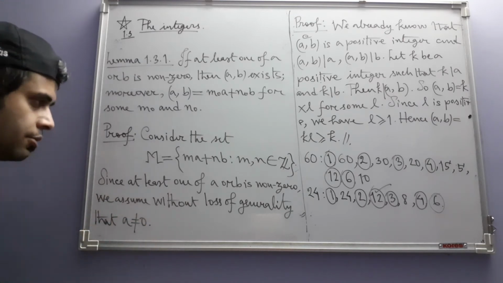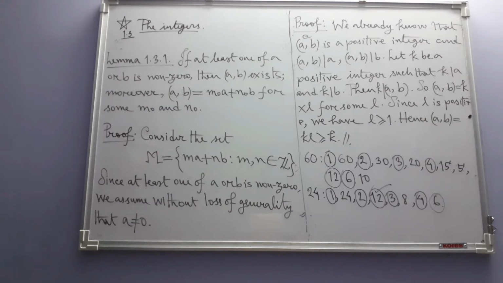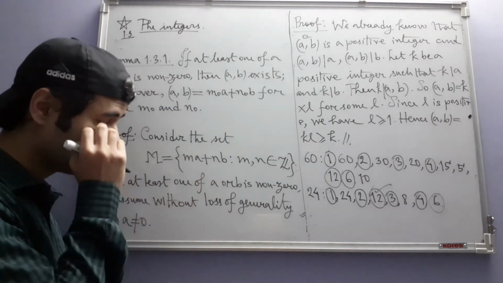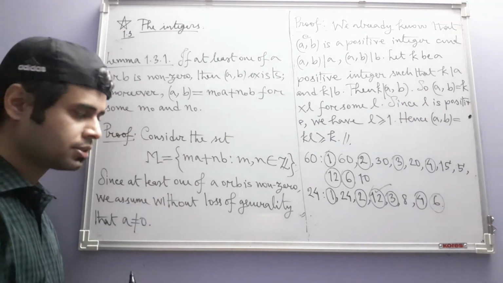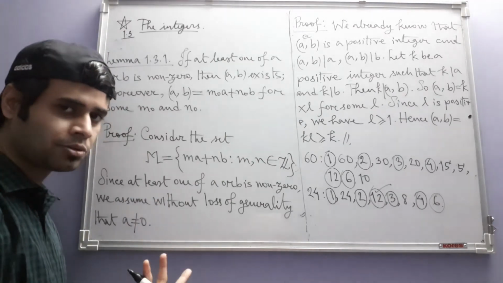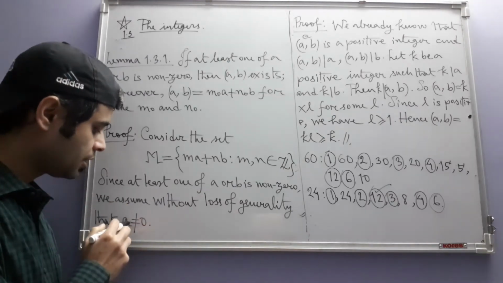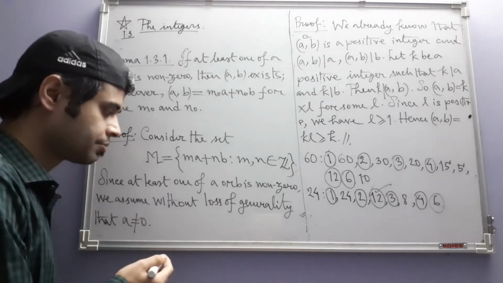Say A is non-zero, because there is no real distinction between A and B, other than the fact that they are integers and one of them is non-zero. So we can assume any one of them is non-zero, so I specifically assume A is non-zero.